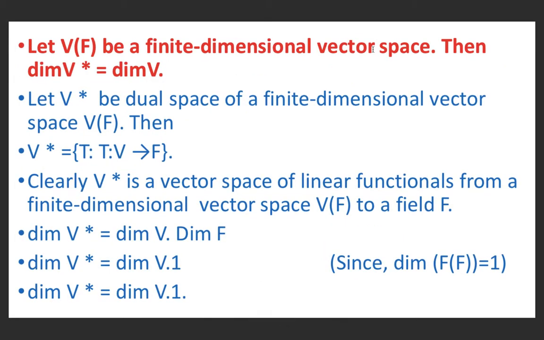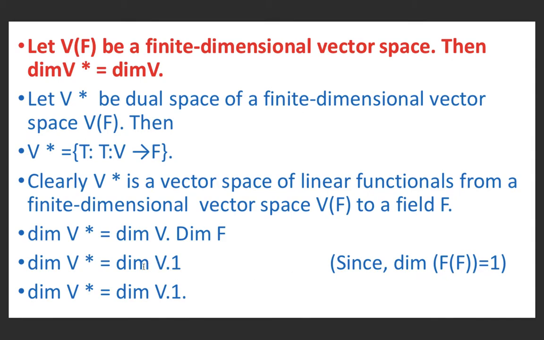Let V be a finite dimensional vector space, then dimension of V star is equal to dimension of V. Let V star be the dual space of a finite dimensional vector space V. It means the dual space V star is the set of linear functionals T from a vector space V to a field F. It means dimension of V star is equal to dimension of V into dimension of F. But dimension of F over F is 1.